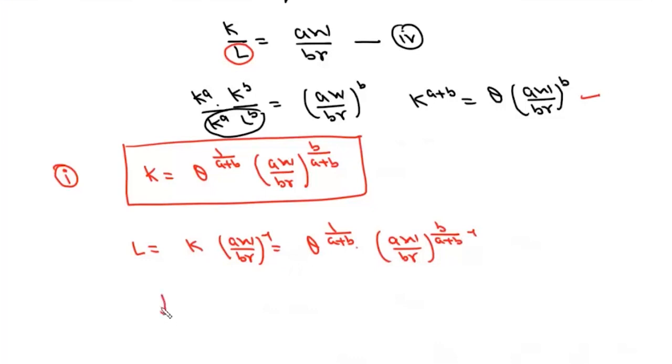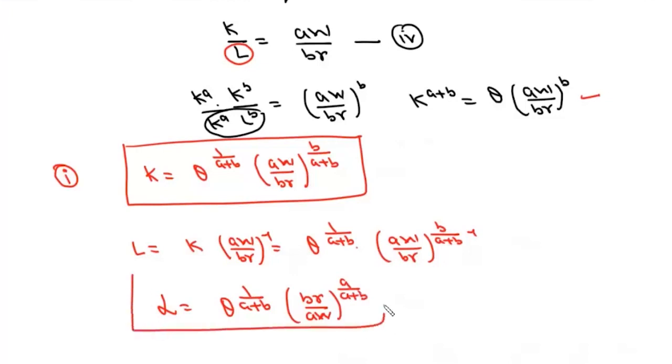So we can write L as q to the power 1 upon a plus b into br by aw to the power a upon a plus b, and that's our cost minimizing input of labor L. And this is the second answer.